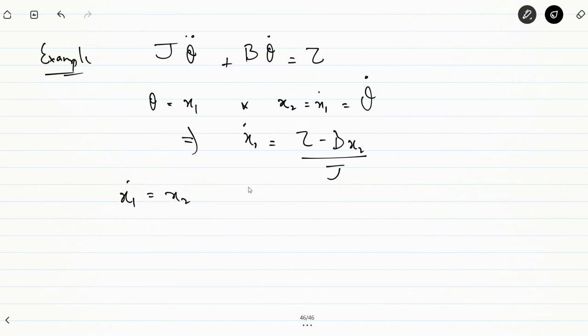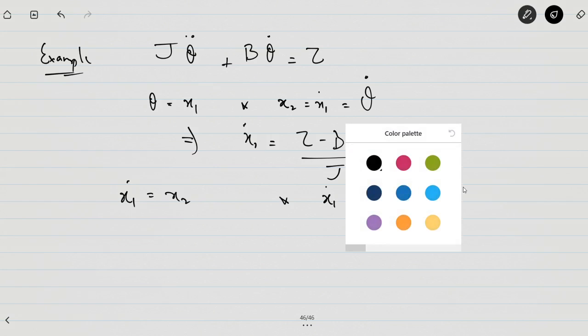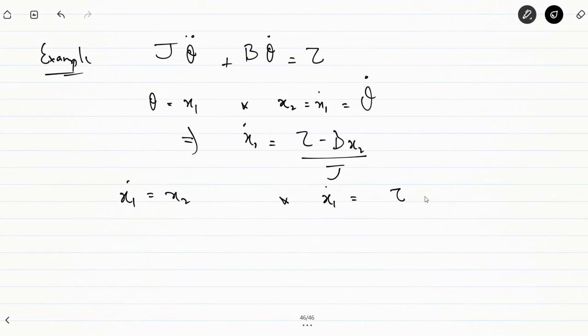We have x1 dot equal to x2 and x2 dot equal to tau minus b x2 divided by j. So you have to solve for dx2 divided by dx1.